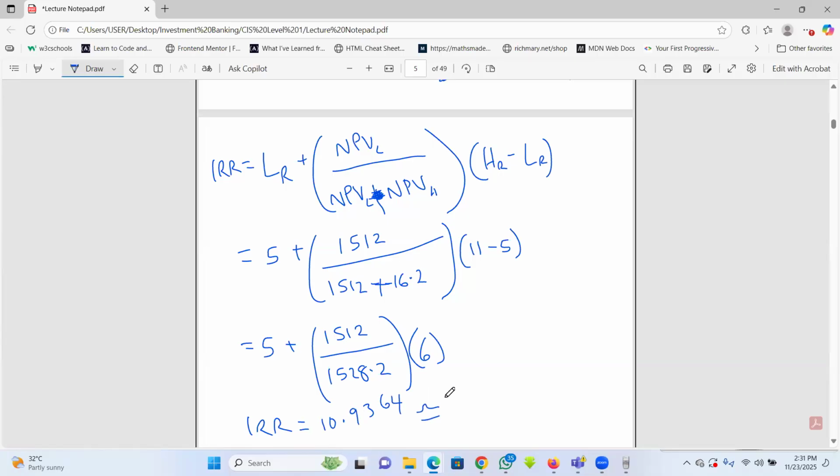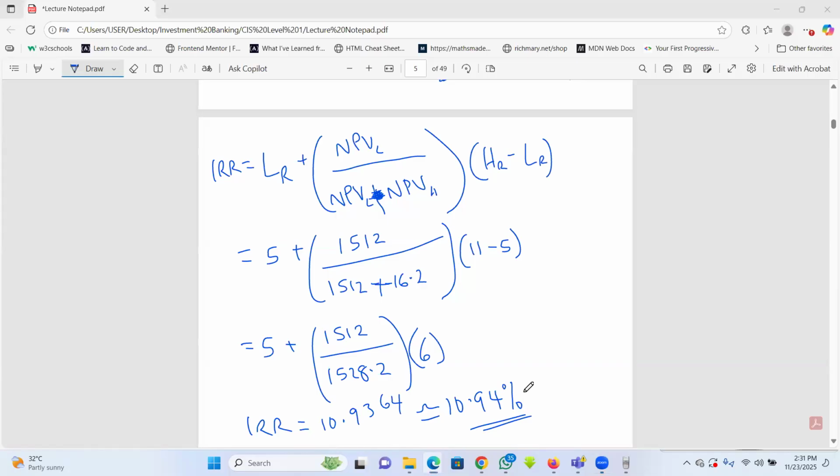Or you can just say 10.94%. Are we clear? 10.94%. Now notice that from the very get-go, I skipped introducing my percentage sign here and here. It is to avoid confusion. So when you are done, just put it back in your answer and you should be fine.